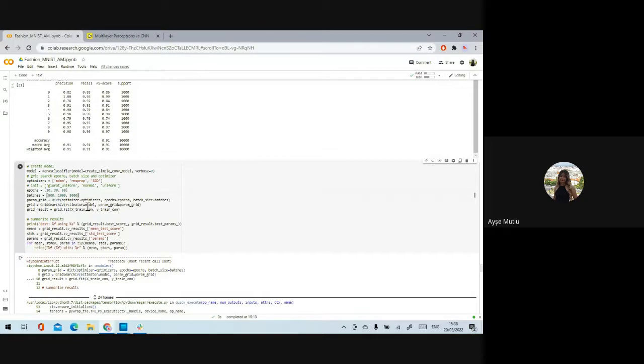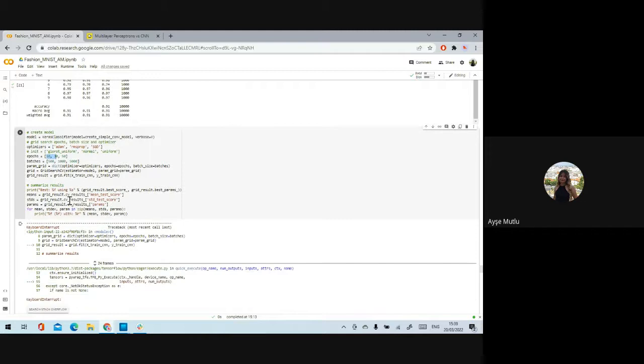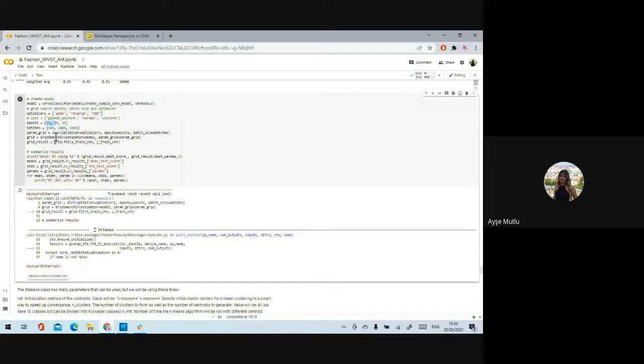To use grid search, we want to find the optimized parameters: which optimizer will be best for our model, which epoch will be best, and which batch size will be best. So we are defining those optimizers, epochs, and batches, and then we apply these in the grid search to find the best parameters. In the end, we are summarizing the results, printing the best parameters.